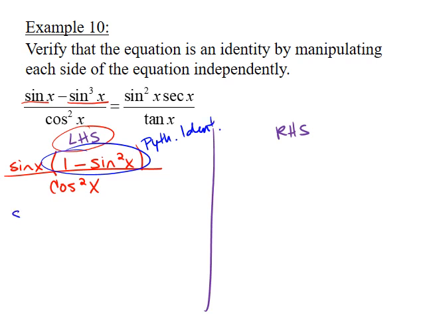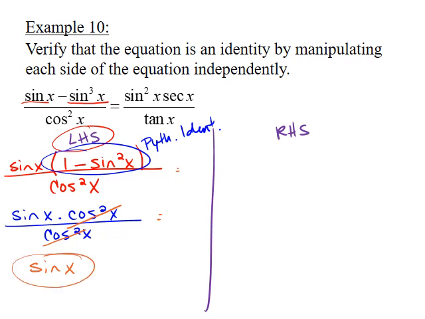In fact, this becomes sine of x times cosine squared of x all over cosine squared. The cosine squareds cancel out and we are left with sine of x. Now, I can't do anything else with sine of x. There's nothing I can do. And it doesn't equal this right-hand side. So I'm kind of at a standstill.